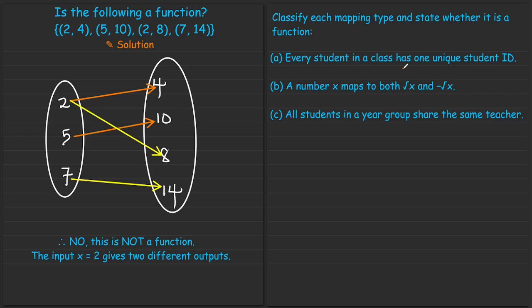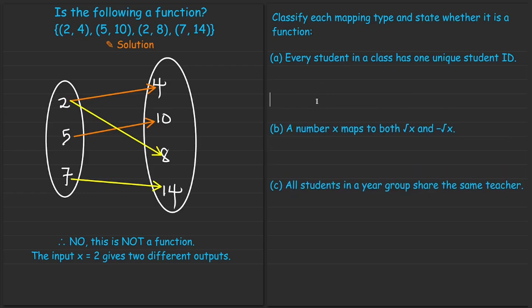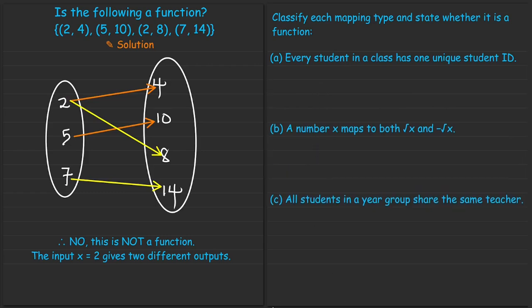Each student has 1 ID, so 1 is to 1. Do you see that? So for the very first one, it is a 1-to-1 mapping. Now if it is a 1-to-1 mapping, then we know what 1-to-1 mappings are. They are functions. So for the first one, I'm going to write 1 is to 1.